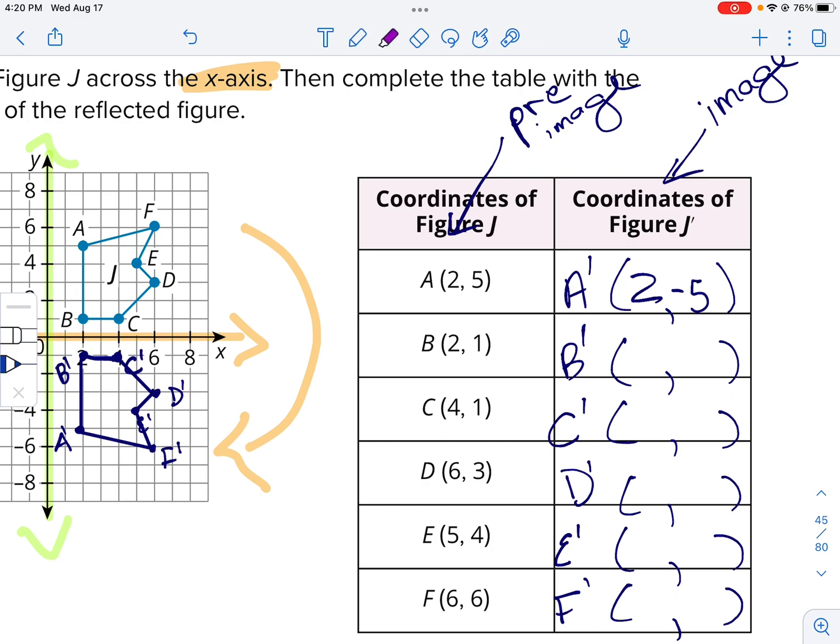B, I went to the right 2, down 1. C, I'm going to the right 1, 2, 3, 4, and down 1. Then going to D, so I'm going this direction to 6 and down 2. So 6, down 2.